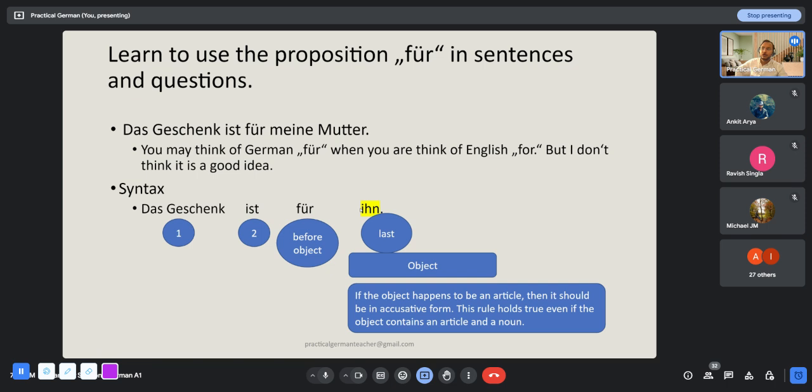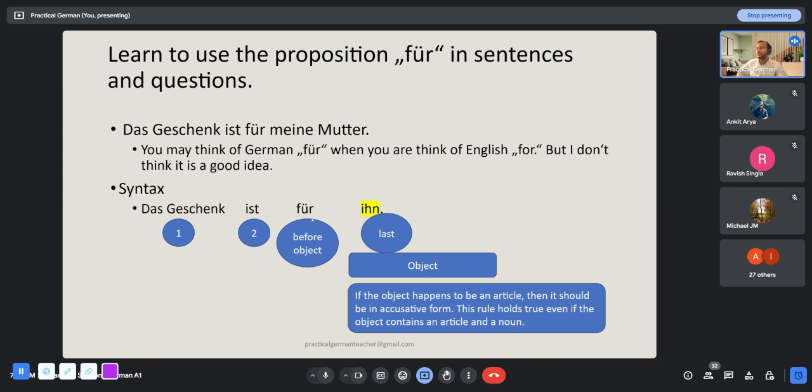You know the contract is der Vertrag, but because Vertrag will be accusative, that means even the article there has to be accusative, and in accusative it is den Vertrag. Needless to say, if you say the gift is for the man, Das Geschenk ist für, you cannot say der Mann because it has to be accusative, and in accusative it is den, so den Mann.